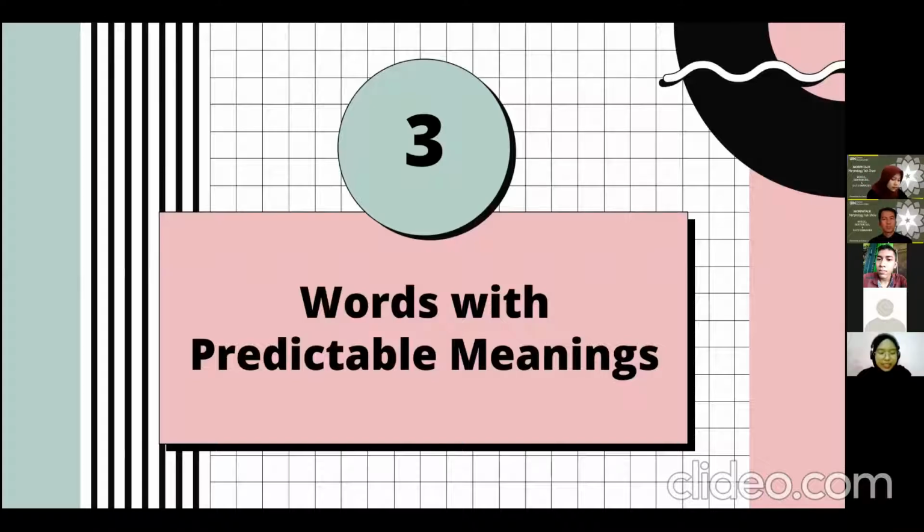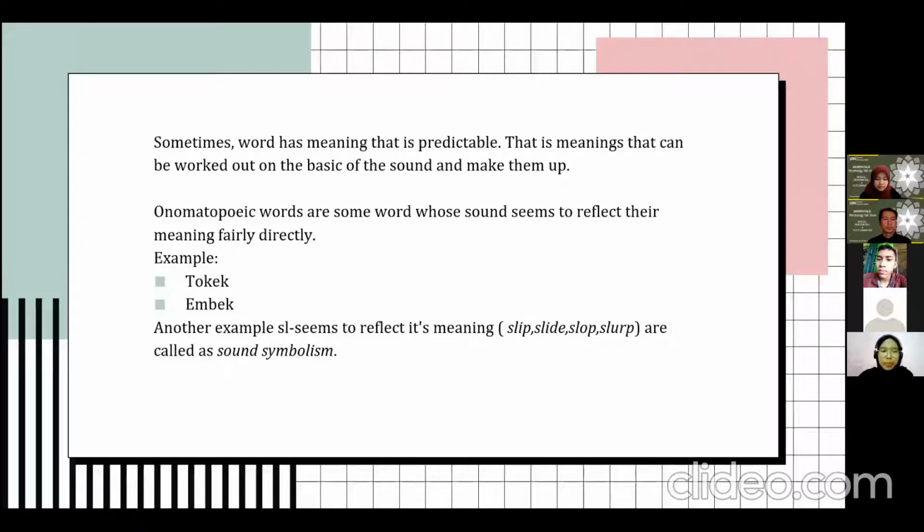Okay, guys. At this time, I want to explain about words with predictable meanings. So sometimes a word has a meaning that is predictable, that is, a meaning that can be worked out on the basis of the sounds that make them up.